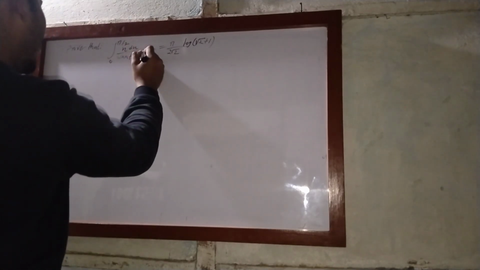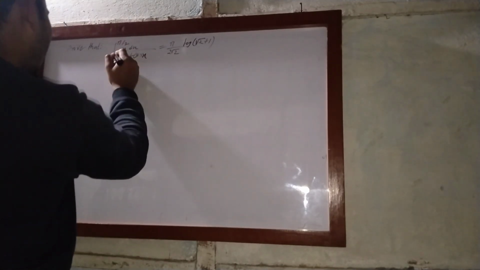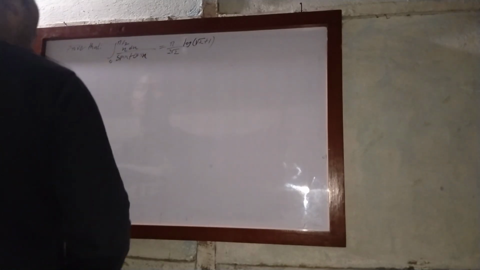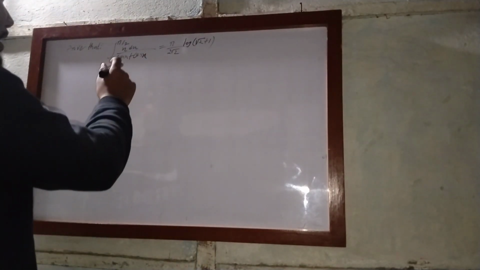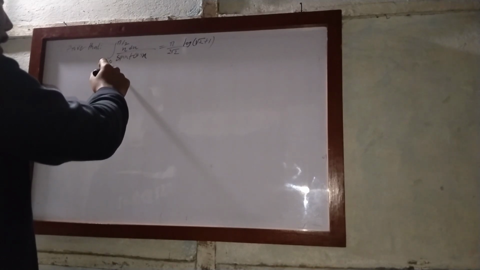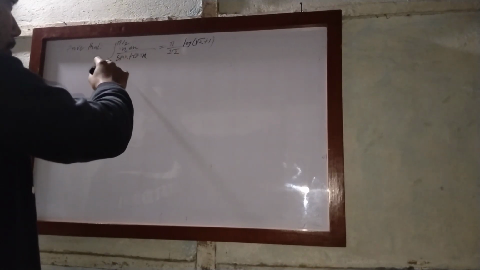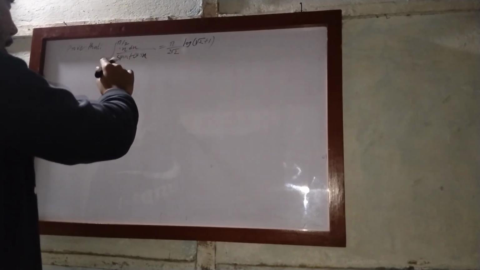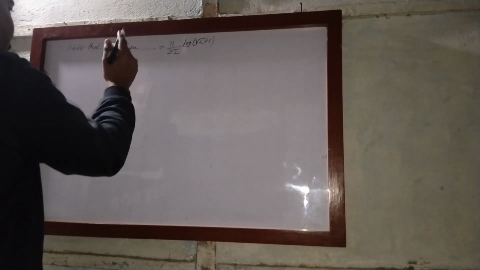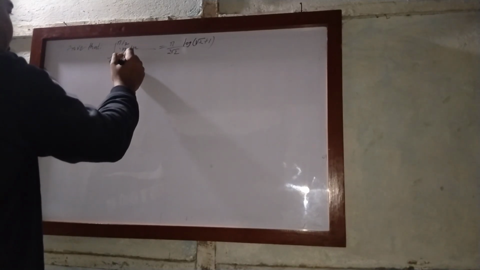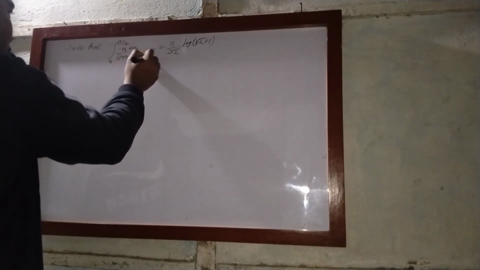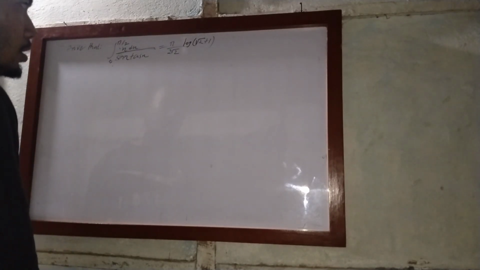We have to prove that the integral with lower limit 0 and upper limit pi by 2 of x dx by (sin x plus cos x) equals pi by 2 root 2 log (root 2 plus 1).